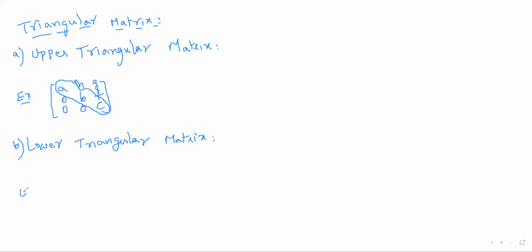Similarly, if the elements below the principal diagonal are non-zero, for example P, Q, R, and the remaining elements are zeros, okay. So C belongs to third row, third column only.